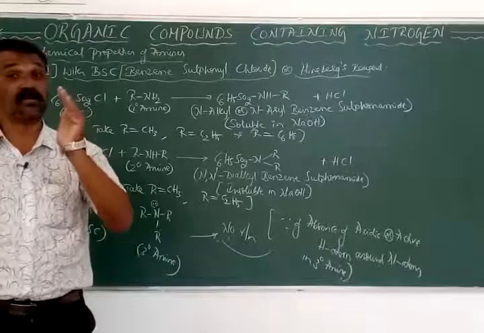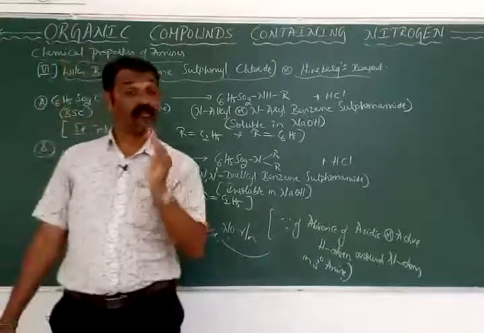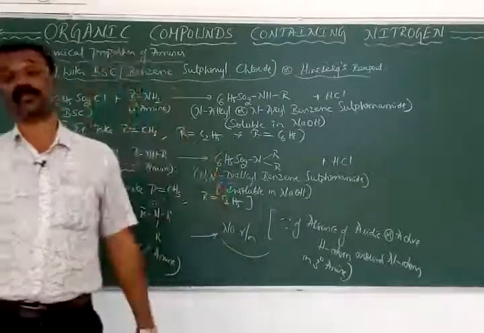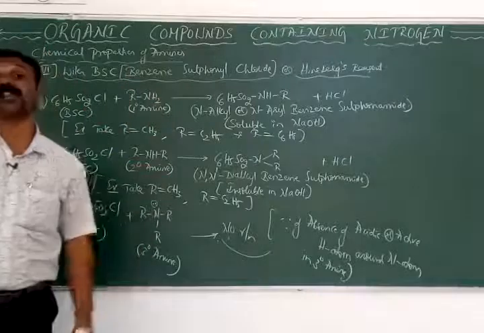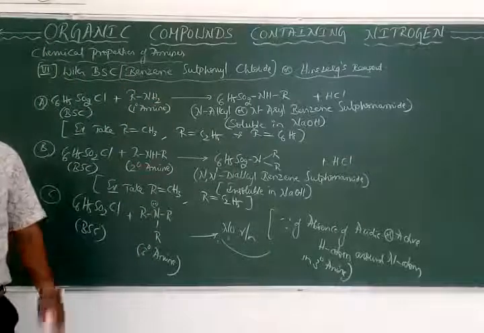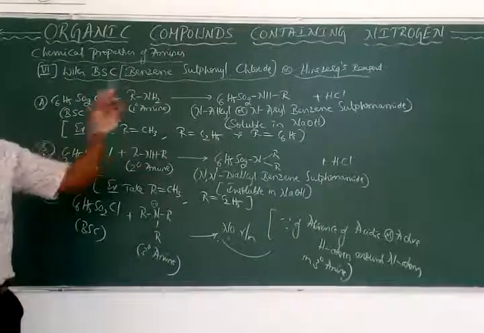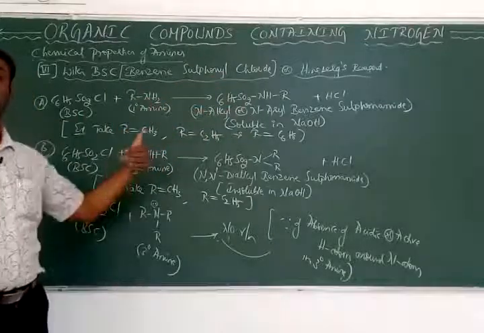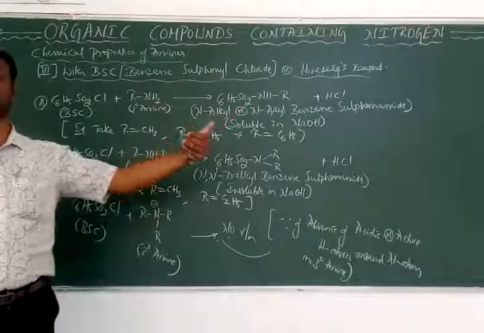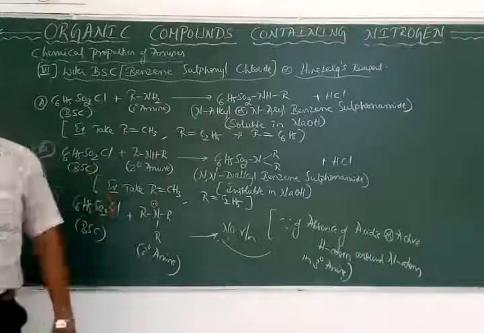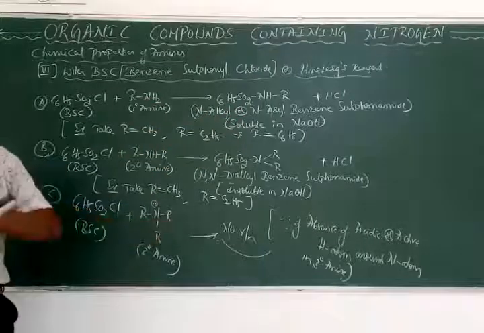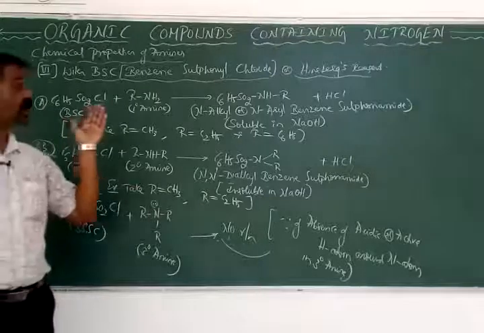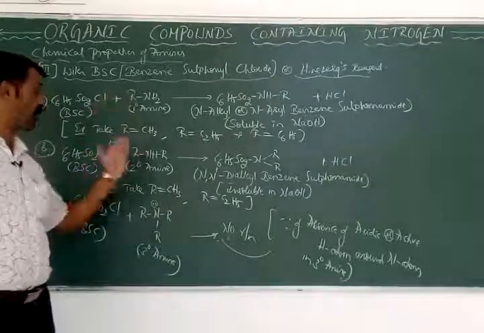So that is a chemical test called alkylation or Hofmann's alkylation to distinguish between primary, secondary and tertiary amines. And then another one is the Hinsberg test. Primary amines form N-alkyl benzene sulfonamide which is soluble in NaOH. Secondary amines form N,N-dialkyl benzene sulfonamide which is insoluble in NaOH. But tertiary amines don't react with the Hinsberg reagent.